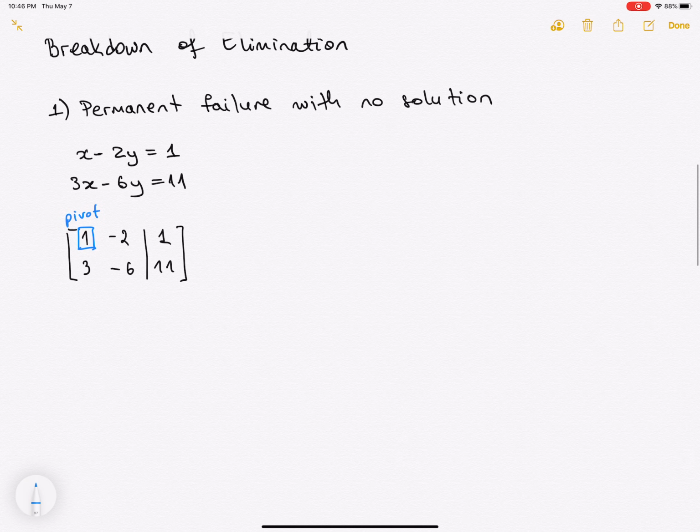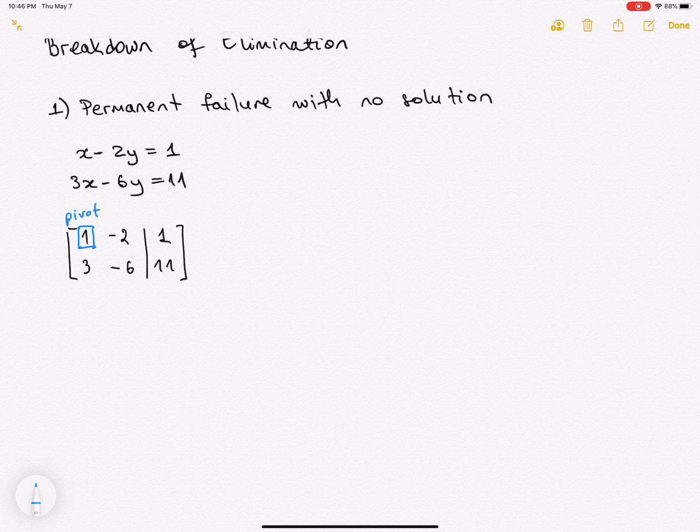Okay, so we have the pivot in the first row and we want to use it to eliminate into the second row, eliminate everything under the pivot. The first row is R1, the second row is R2, and the operation that we want, well, we have to do something like this. It always starts with row 2 minus a number times row 1 into row 2.